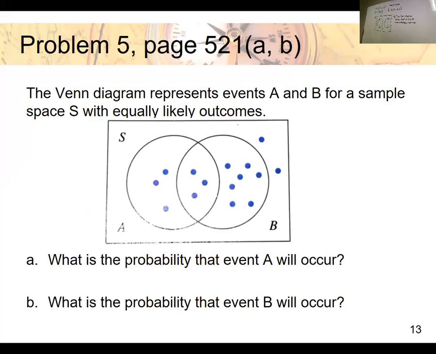All right, now this is problem number 5, parts A and B. Okay. Now there's more to this as we go along in these slides here. Here we got a Venn diagram that represents events A and B for a sample space S with equally likely outcomes.